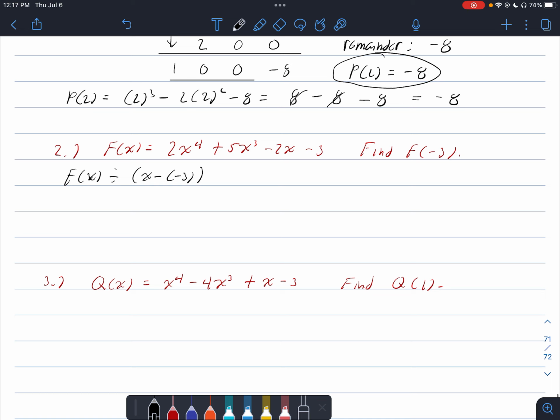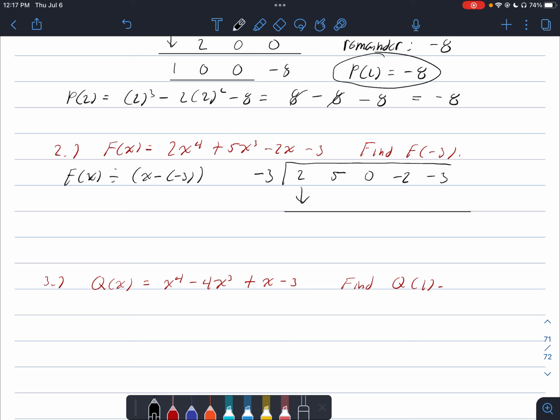Therefore, we're going to use synthetic division to do that. So we'll have negative 3 here, and now let's plug in our coefficients. We'll have 2, we'll have 5, and we don't have anything for x squared here, so we're going to put a 0 there. Then we'll have negative 2 and negative 3.